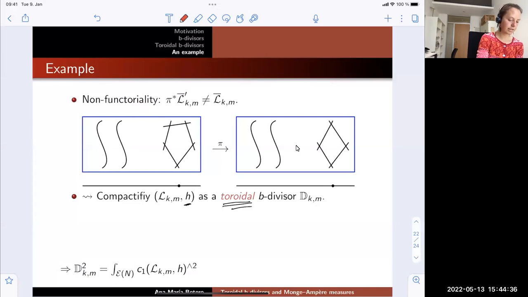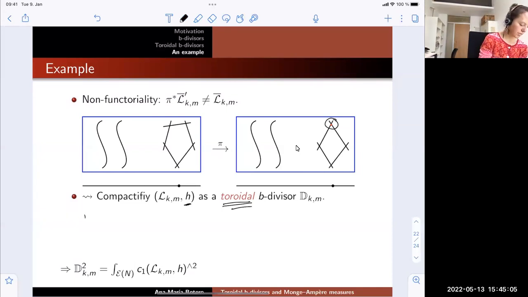So recall, these are these double points. And then the conical polyhedral complex associated to this specific toroidal embedding is going to consist of four two-dimensional cones, each corresponding to one of these double points. So let me give you the local picture around one of these double points, and we can see what it's doing in terms of toroidal b-divisors.